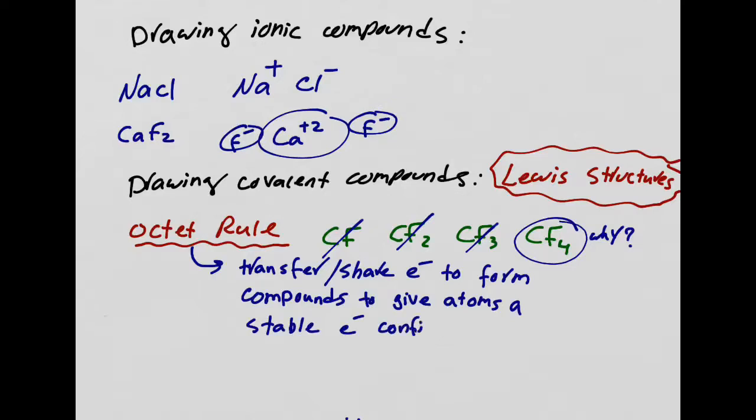We briefly talked about this before. What is considered a stable electron configuration? A stable electron configuration means you have 8 valence electrons.